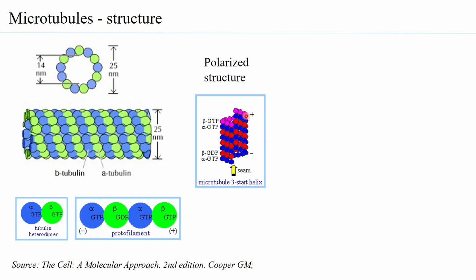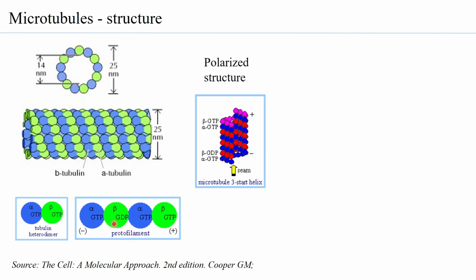Here you need to take into account one more thing. When you have alpha beta alpha beta alpha beta growing on each other and extending the microtubule, one thing that has been observed is that when the next heterodimer comes and binds, the binding of the alpha tubulin to the beta tubulin is going to bring in a conformational change in the beta tubulin.